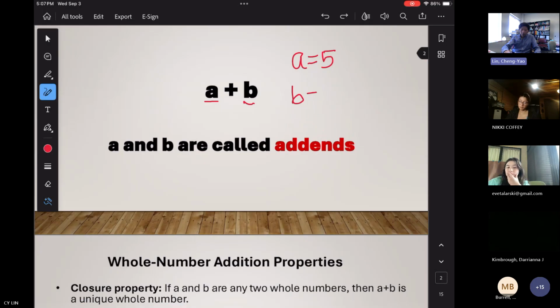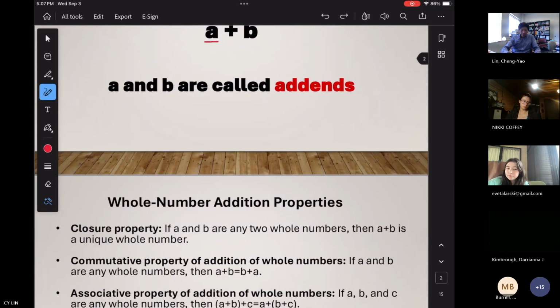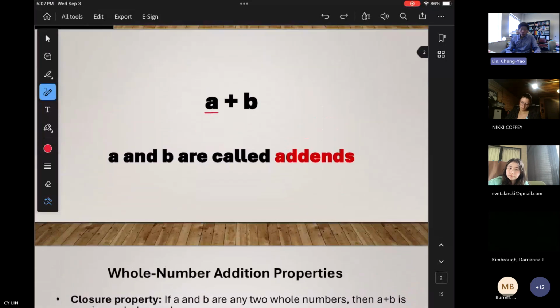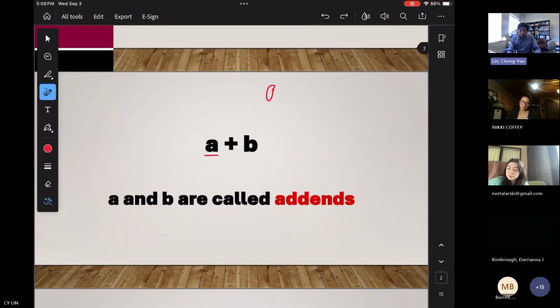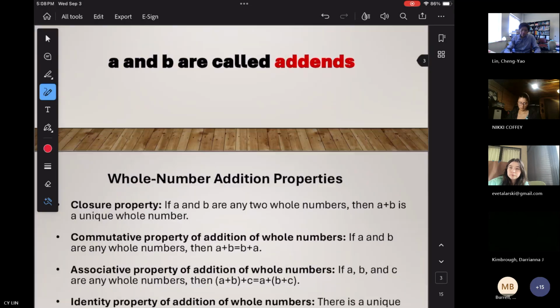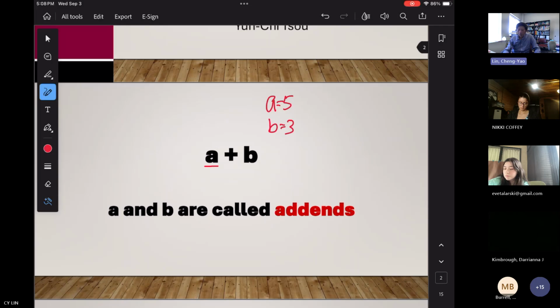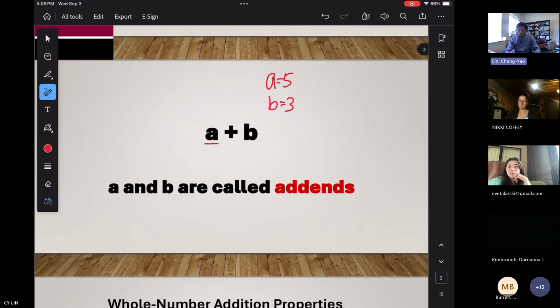And the next one is called the commutative property. So let's say A equals 5, B equals 3. This property says A plus B equals B plus A. So when we teach elementary school, we give a student examples like 5 plus 3, then 3 plus 5.